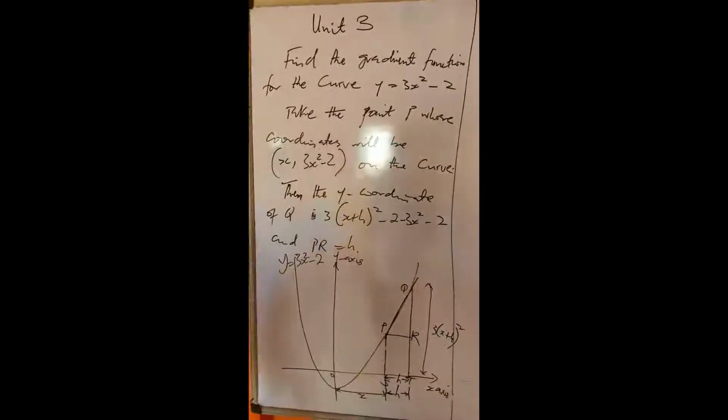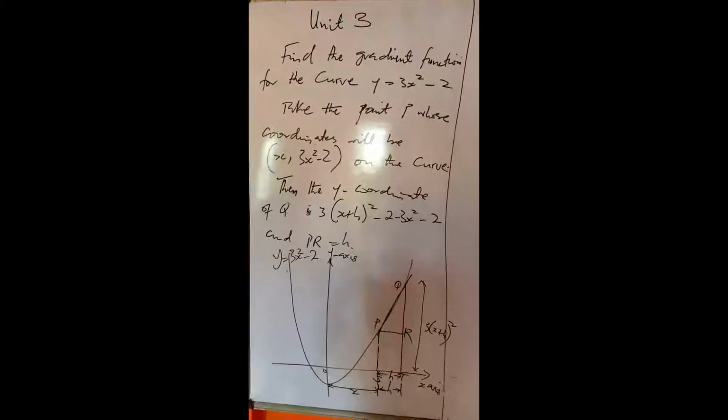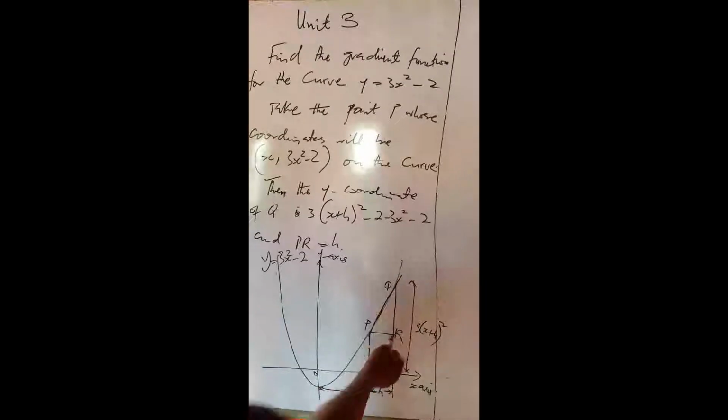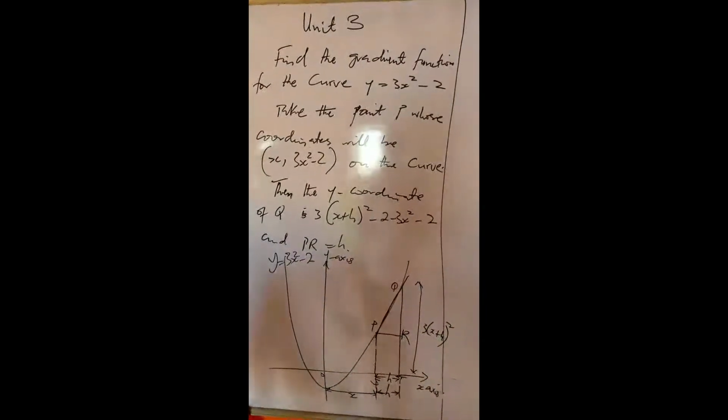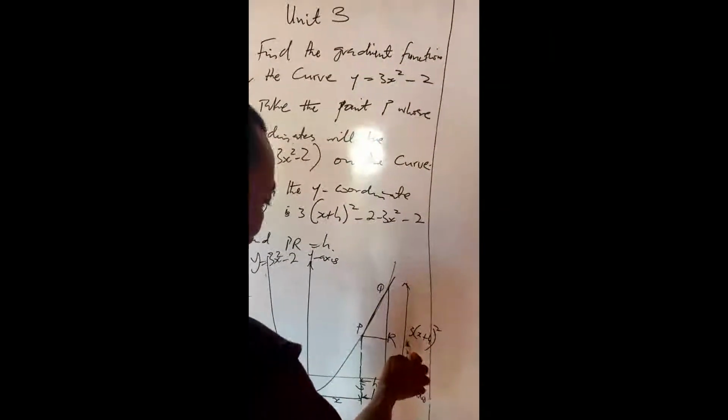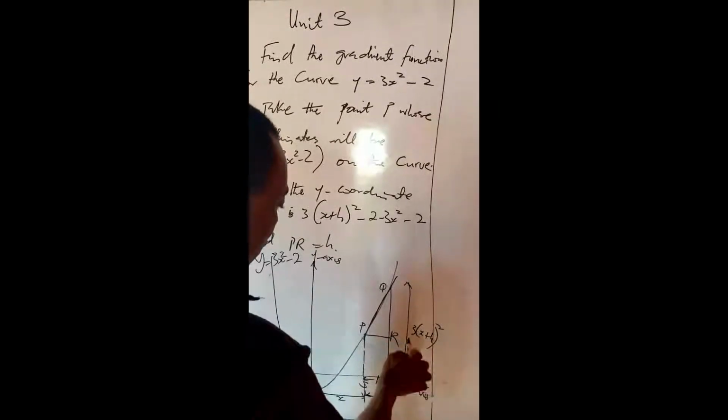So to get QR is simply that we have to subtract from here to this place.